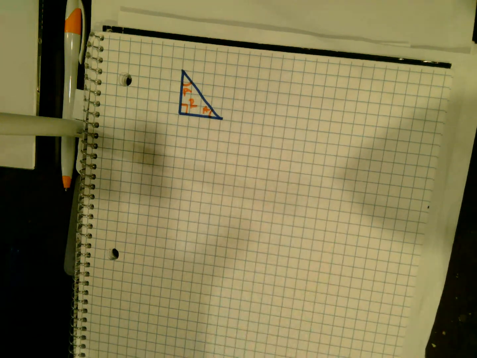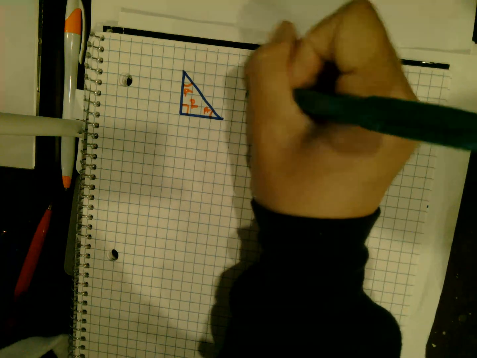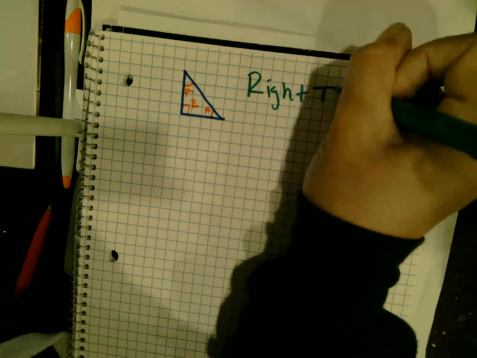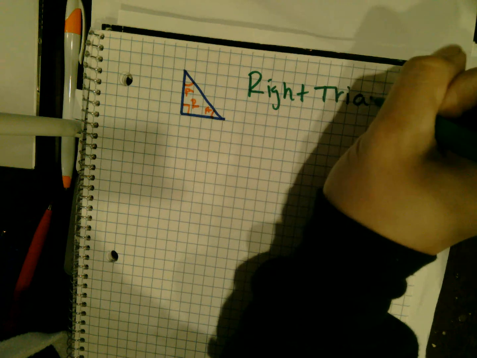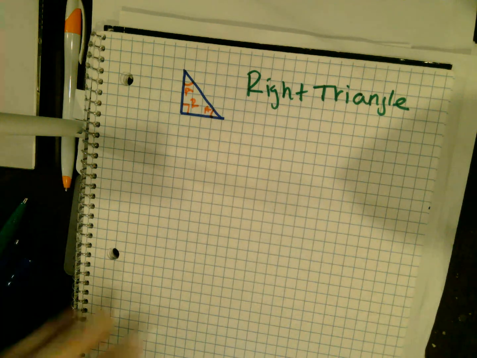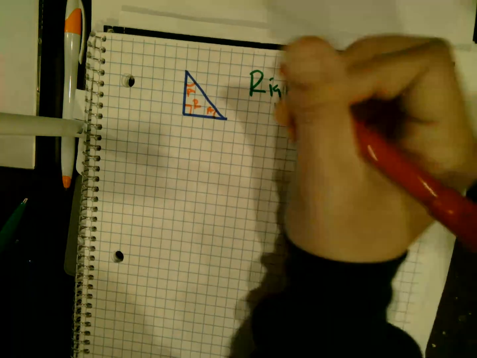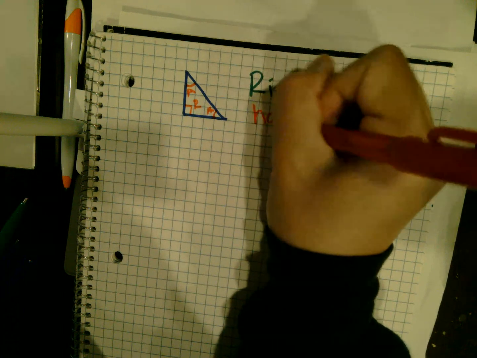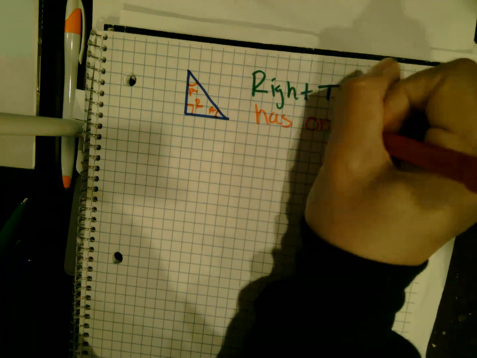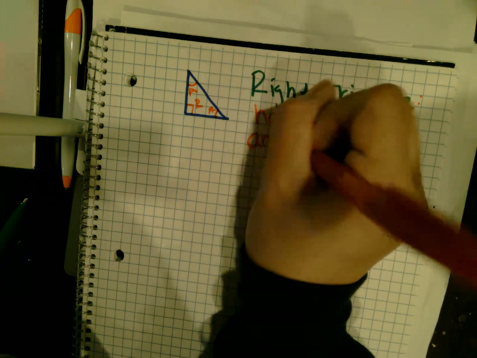So what do we call this whole triangle? Well, this whole triangle is called a right triangle. Why? Because a right triangle, hold on, let me just make sure I write it the same. Right triangle has one right angle.